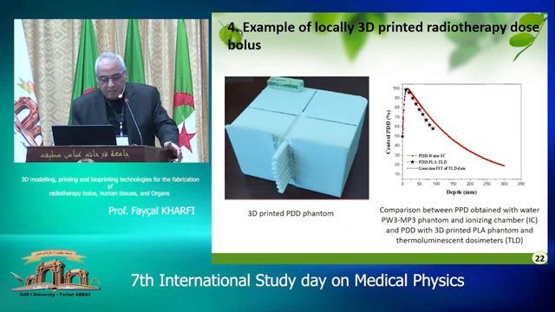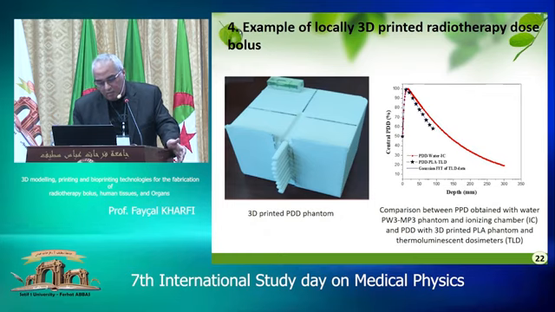So this is the printed phantom that you use to check the dose in depth of the selected material. Here, the result on this graph. In red, I show you the PDD of water, which is generally taken as a reference for the treatment planning, and the PDD, the dose in depth, of the material that we selected.